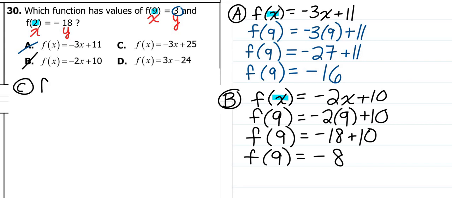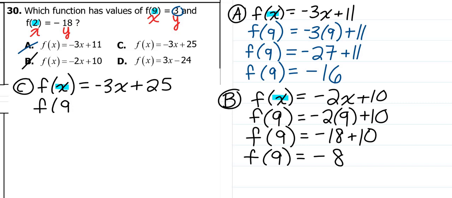C says f of x equals negative 3x plus 25. So let's go ahead and plug in 9 for the x value. So f of 9 equals negative 3 times 9 plus 25.